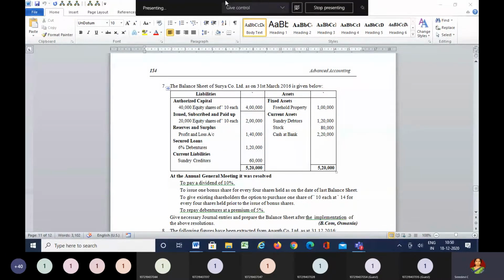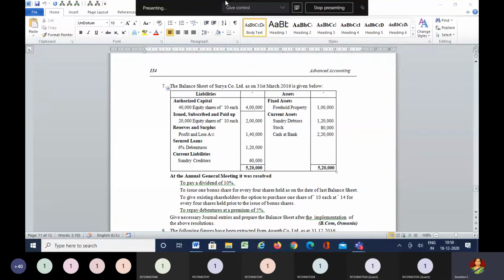So the first point is to pay a dividend of 10%. That means the company has decided to declare a dividend of 10% to the existing shareholders. Whenever the percentage of dividend is given, as you have seen in company final accounts, the percentage is always calculated on the paid up share capital.